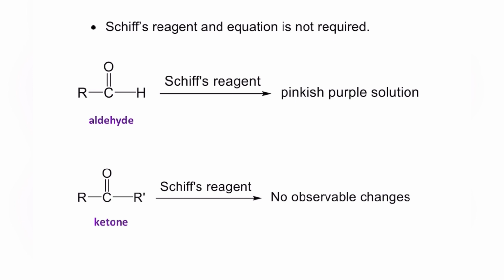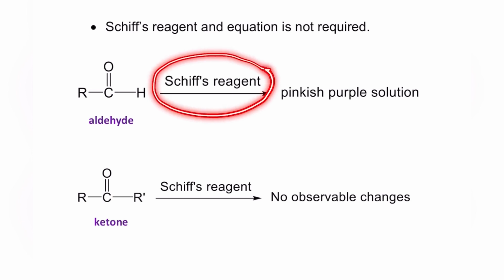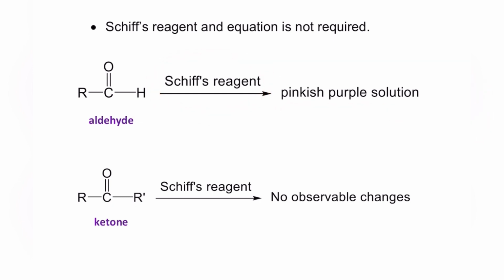So bila awak tulis, awak just tulis untuk aldehyde, awak plus atas anak panah ni awak tulis Schiff's reagent, terus tulis bahagian produk pinkish purple solution. Maknanya kita boleh faham awak dah bagi tahu formation of pinkish purple solution as the product. However, untuk ketone, there is no observable changes when reacts with Schiff's reagent.